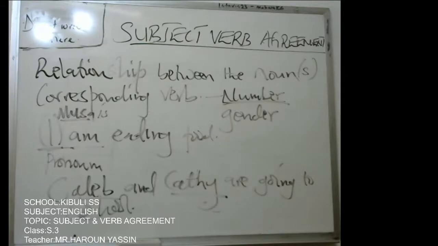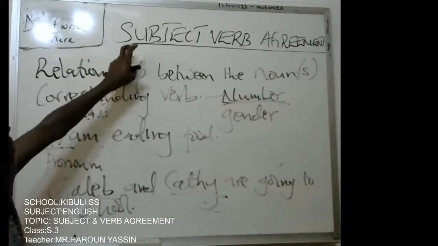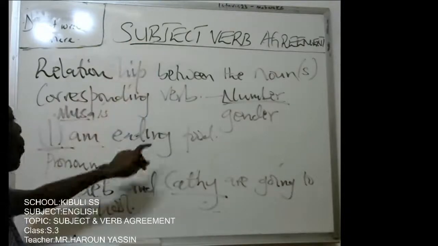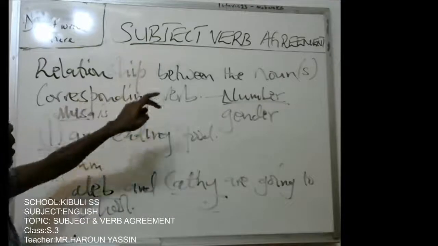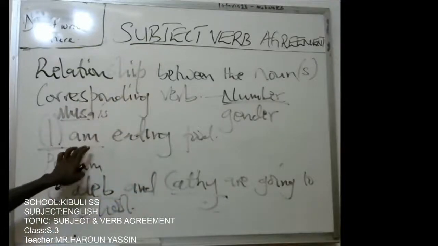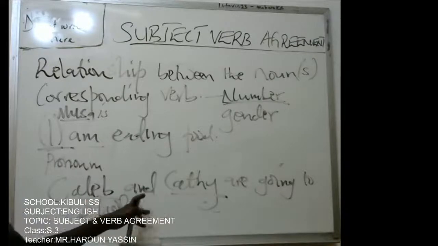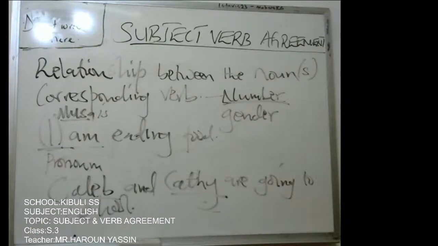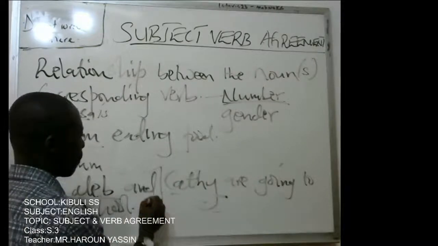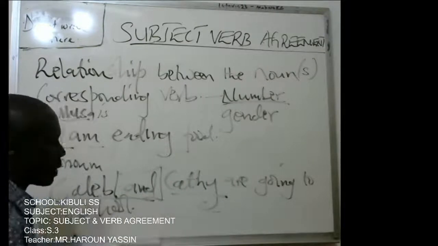So when you look at this sentence, the first one is simple when it comes to subject and verb agreement, but it becomes a little tricky here because we have got two nouns. But this one still is a simpler one.